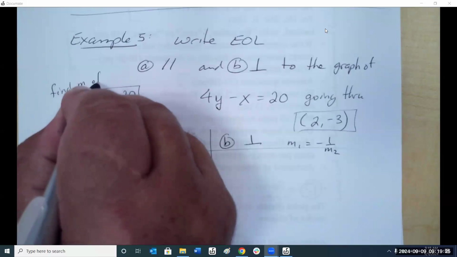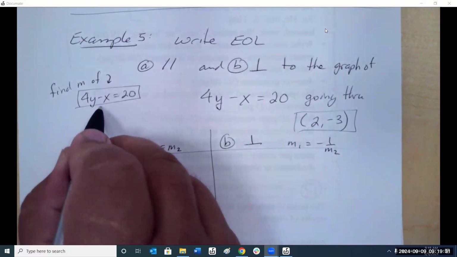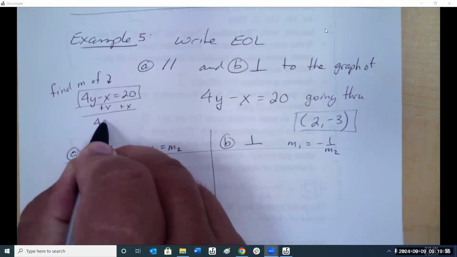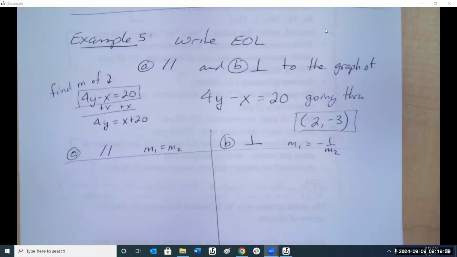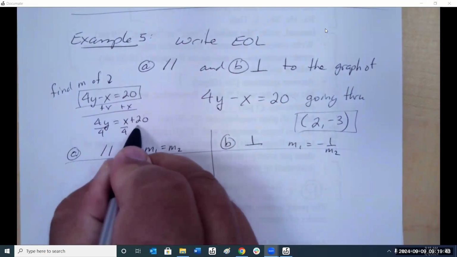Find m of that line, which is this line here. So add x to both sides. 4y equals x plus 20. Divide each of these by 4.